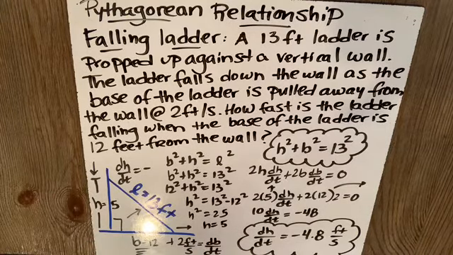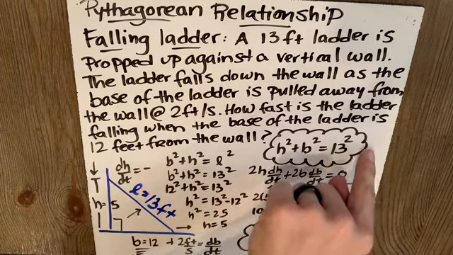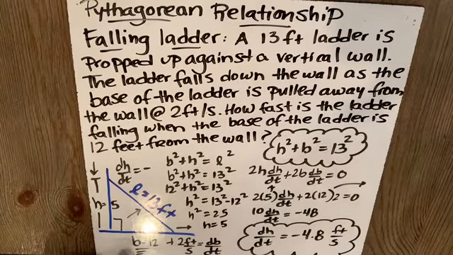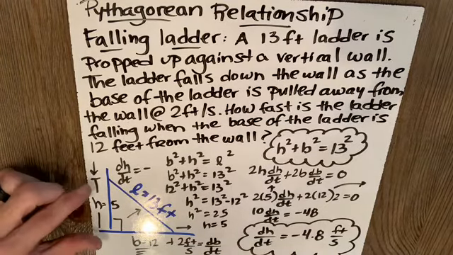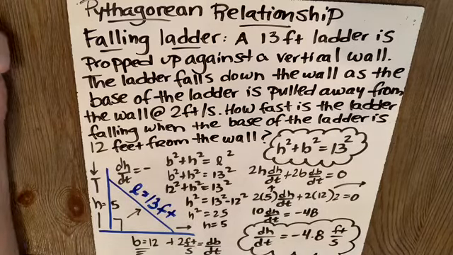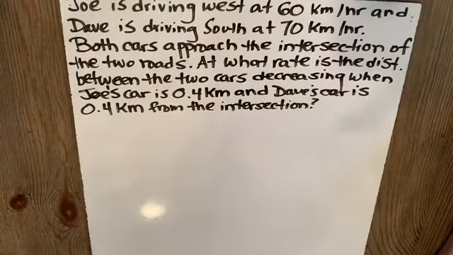So key to this problem is to recognize the ladder is not changing, so dL/dt is 0. So ultimately the derivative over here goes to 0. And that if we have a relationship between this side squared plus this side squared equals that side squared, we can figure out how tall this is when this is given as 12.